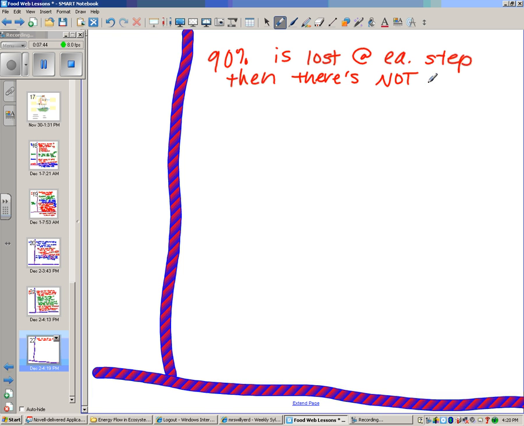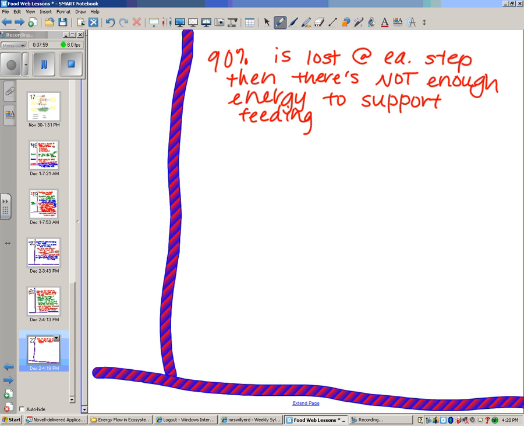So there's not enough energy to support many feeding levels in an ecosystem.